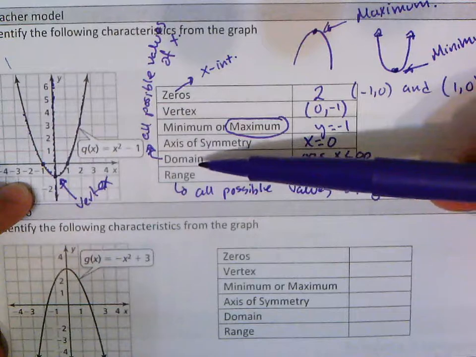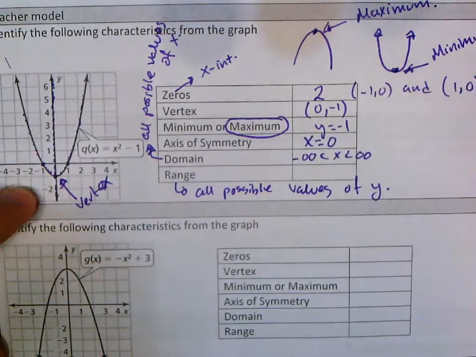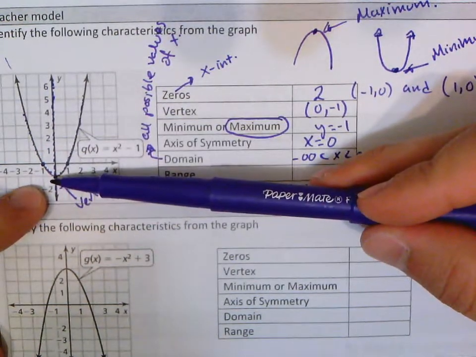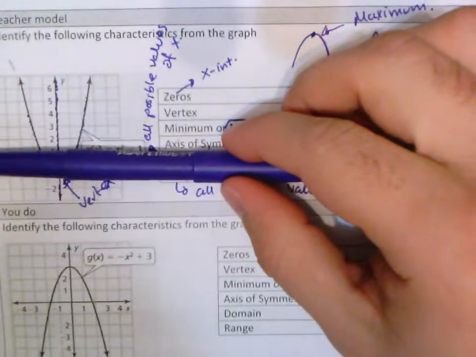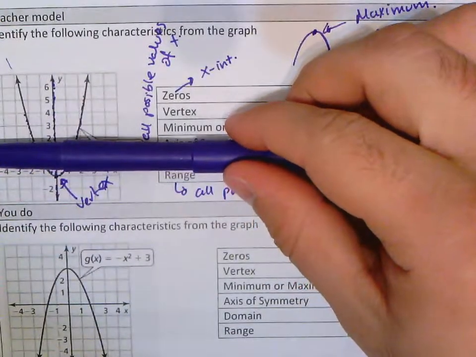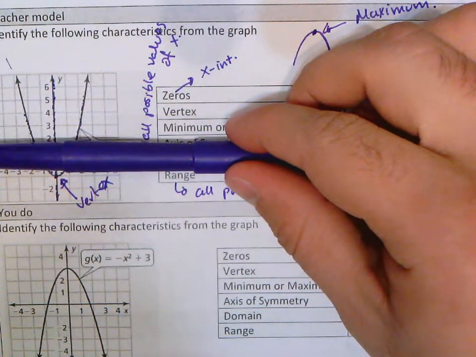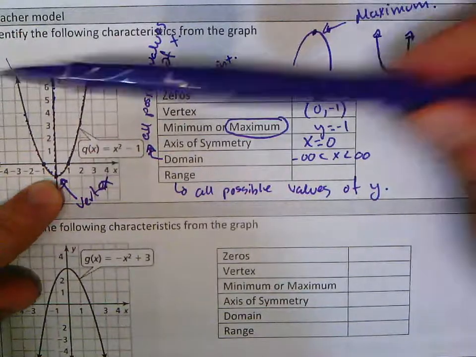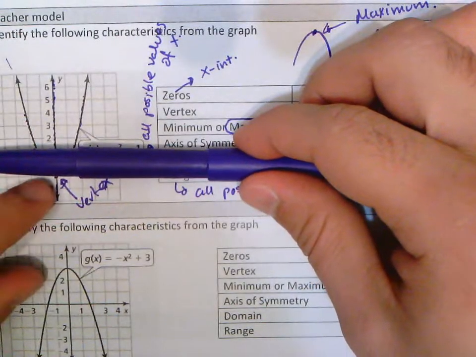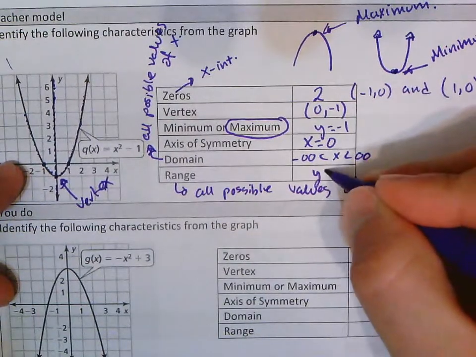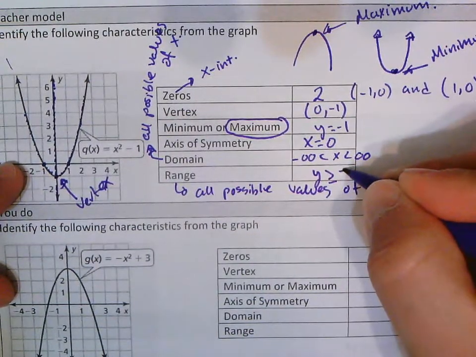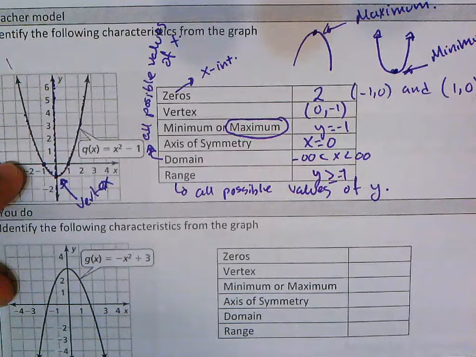So if I was to do the range here, the range will be any y value. If I cover my x-axis and I just focus on the y values, you'll see that I don't have any y value that is below -1. Therefore, my range will be anything that is greater than or equal to -1.